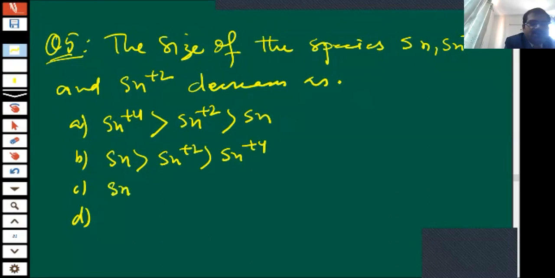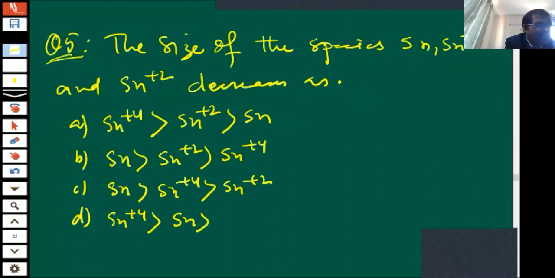Option C: Sn is greater than Sn plus 4 is greater than Sn plus 2. Option D: Sn plus 4 is greater than Sn is greater than Sn plus 2.